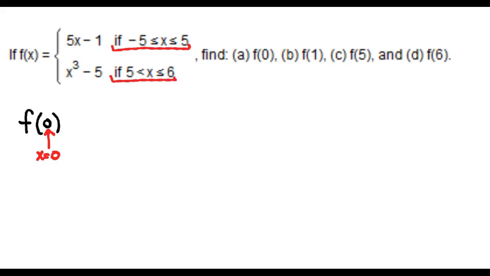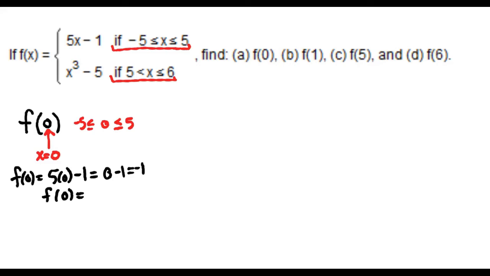So since x is 0, and 0 is in between negative 5 and positive 5, we're going to use that first equation to evaluate the function. So f of 0 is 5 times 0 minus 1 equals 0 minus 1, which is negative 1. So f of 0 equals negative 1.